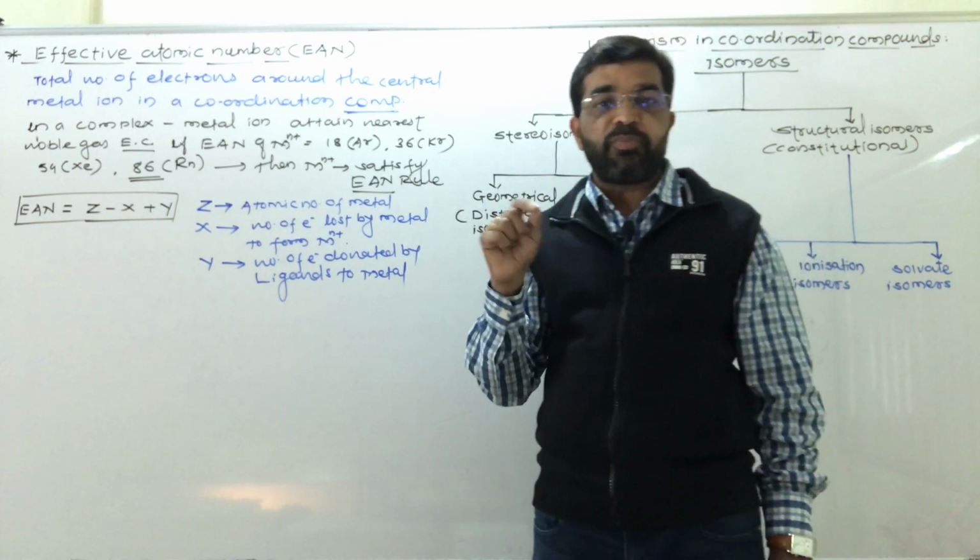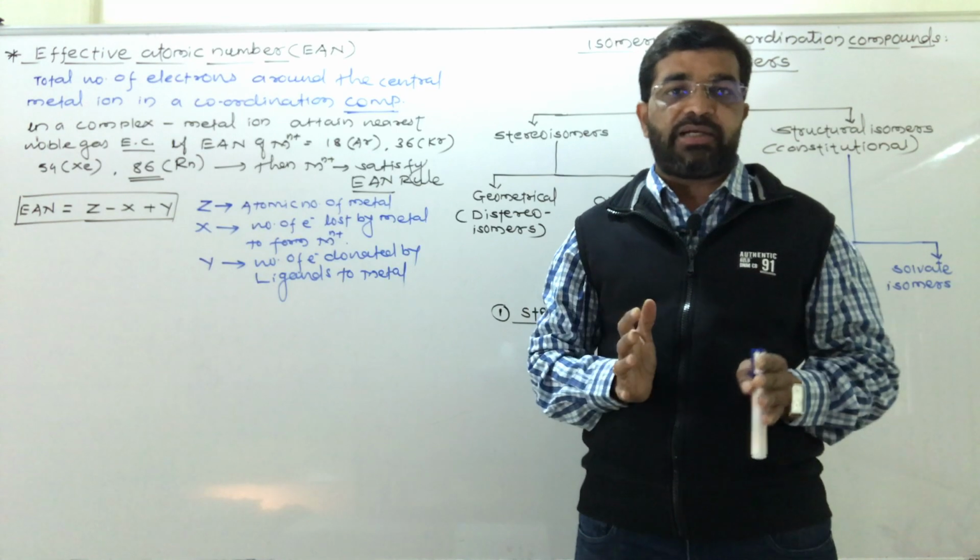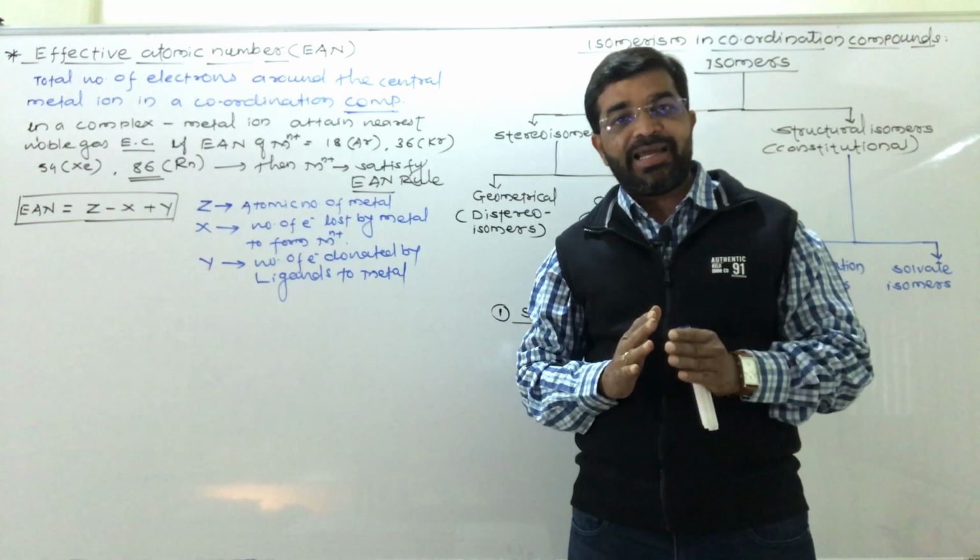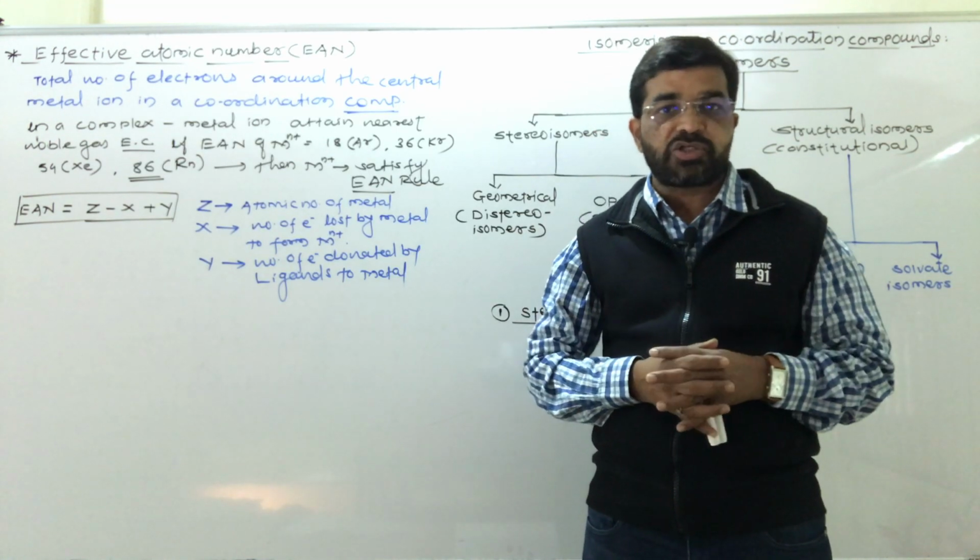What is effective atomic number? The total number of electrons present around the metal or metal ion in a coordination compound or coordination complex.